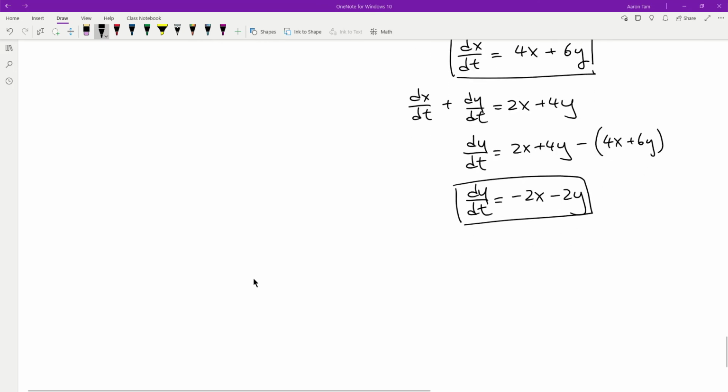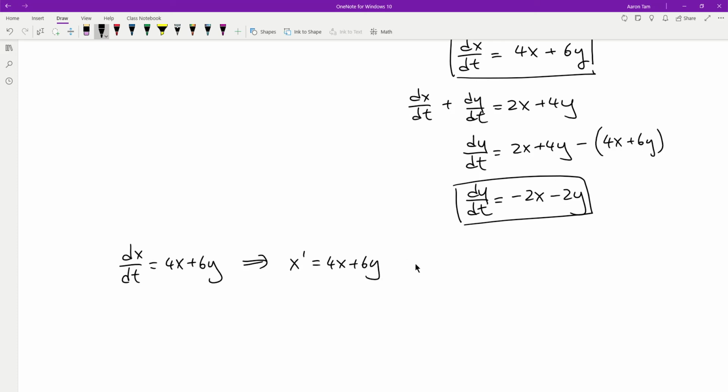So let's see if we can go through this. The first equation is dx over dt equal to 4x plus 6y. So that means x prime equal to 4x plus 6y. Therefore x prime minus 4x minus 6y equal to 0. That is (D minus 4) of x minus 6y equal to 0.